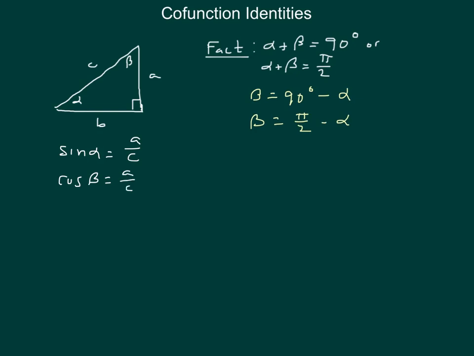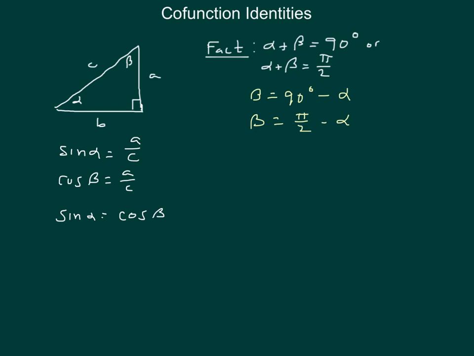Now that relationship is going to be true for all the others as well. In this case, the value of the trig function of one angle is the same as the value of the cofunction of the other angle. So the sine of alpha is equal to the cosine of beta.